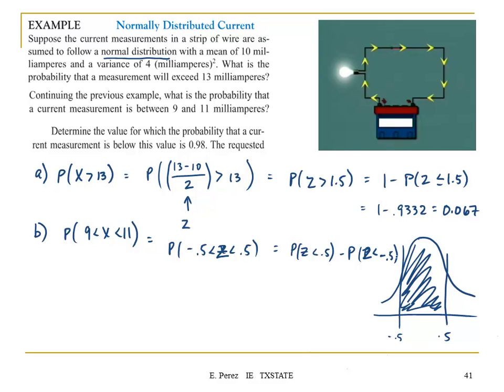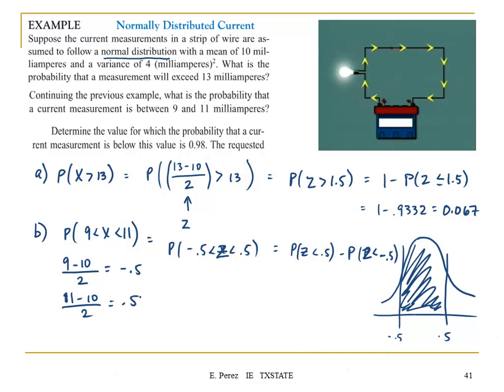So from here to here, you need to use the transformation. You have 9 minus 10 divided by 2, and that's negative 0.5. And then you have 11 minus 10 divided by 2, and that's 0.5. Okay? Any other questions?